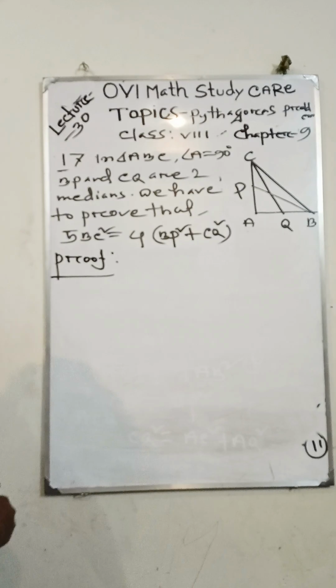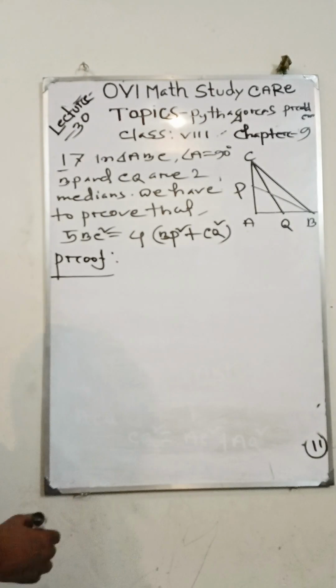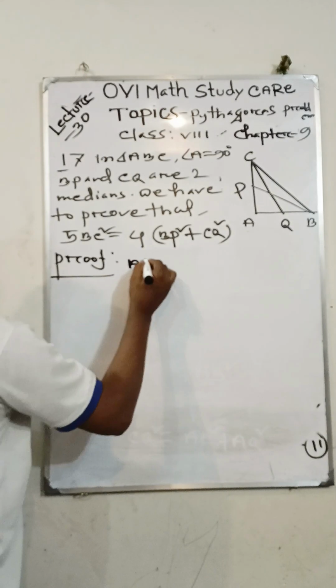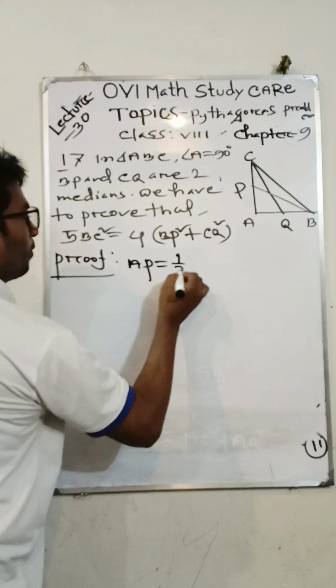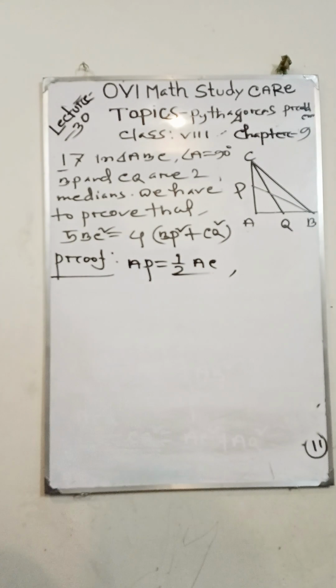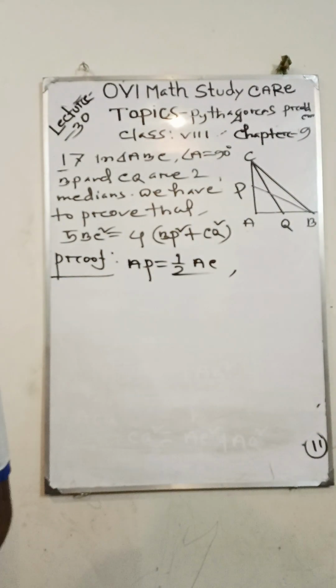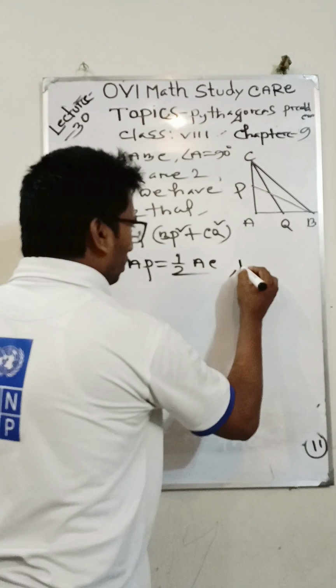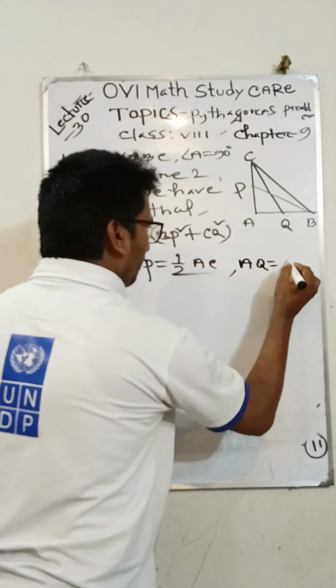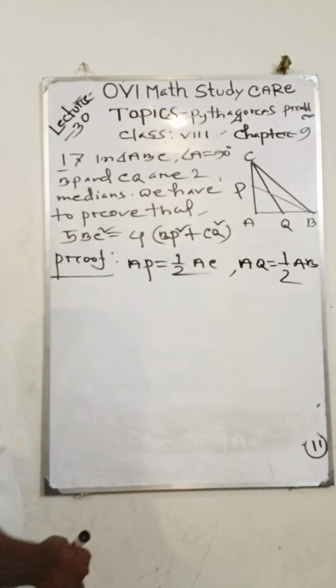Dear students, BP is the median, so P is the midpoint of AC. So we can write AP equals half of AC. Similarly, CQ is the median, Q is the midpoint of AB, so we can write AQ equals half of AB.